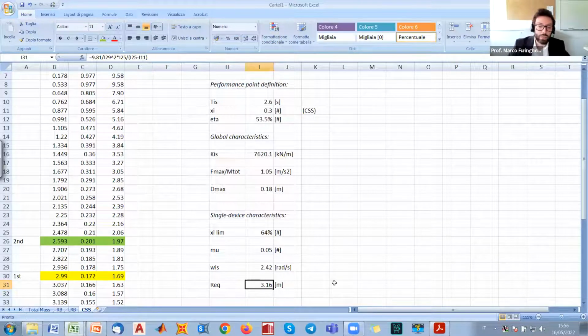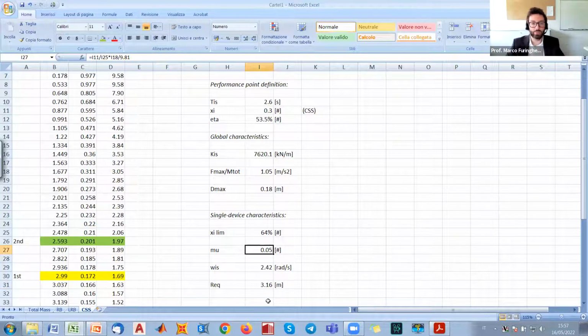Okay, so you see this is 3.16 meters, and actually this is quite close to the device that we have considered last week for the experimental assessment in the numerical laboratory. 3 meters as equivalent radius of curvature, and 5% can be achieved by a proper application of contact pressure, the vertical load to the device, but 5% is a very common value which can be achieved for unlubricated sliding materials.